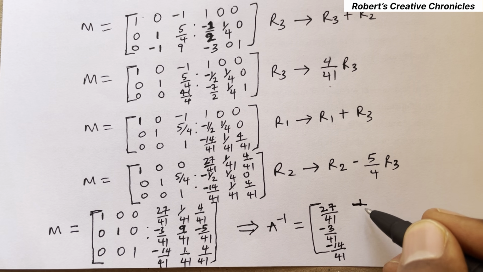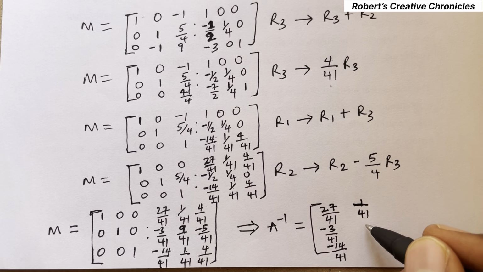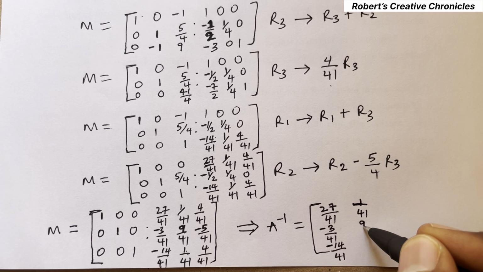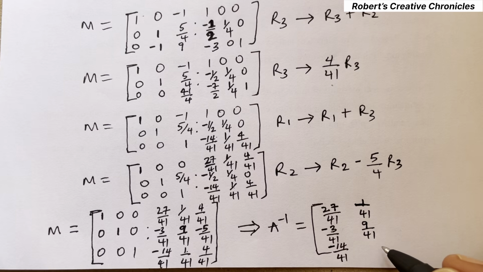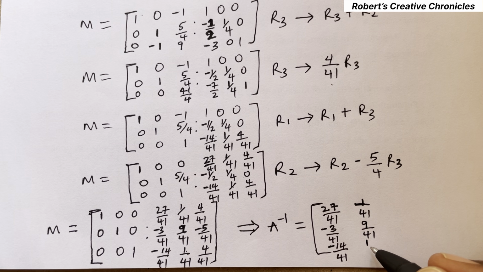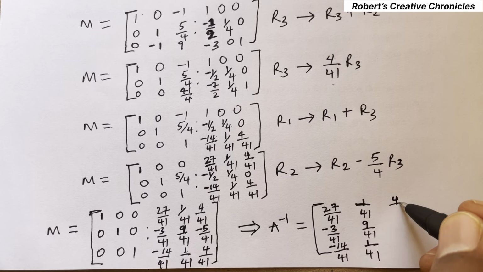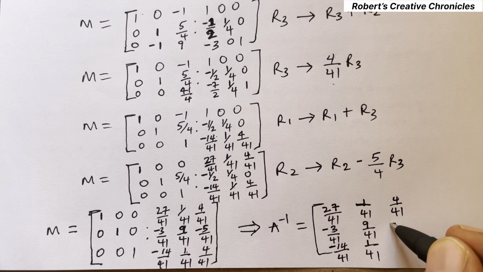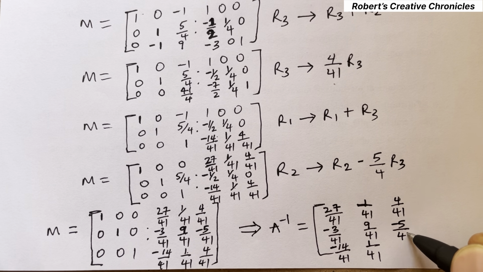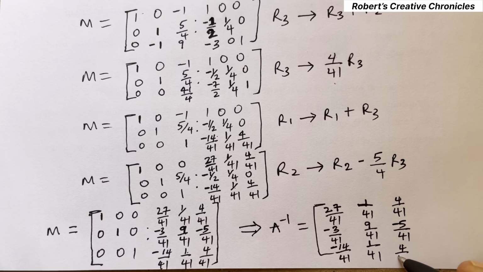Then 1 over 41, 9 over 41, then 1 over 41. And finally 4 over 41, minus 5 over 41 and 4 over 41.